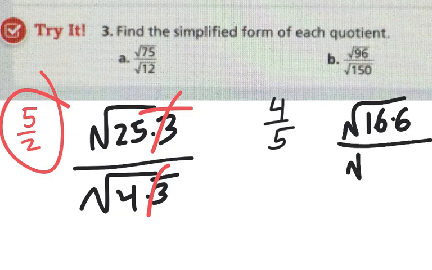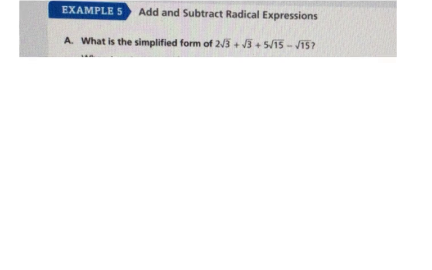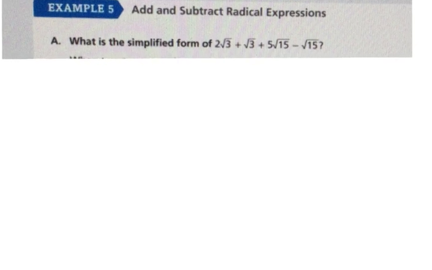And the square root of 150, that is 25 times 6. So the square roots of 6 cancel. And I'm left with the square root of 16, which is 4, over the square root of 25, which is 5. So now we're going to be simplifying radicals, but there's going to be addition and subtraction between them. Okay? So I have 2 radical 3 plus radical 3 plus 5 radical 15 minus radical 15.